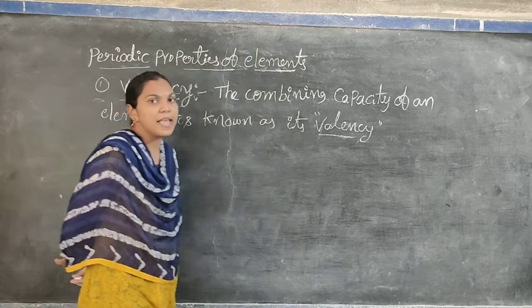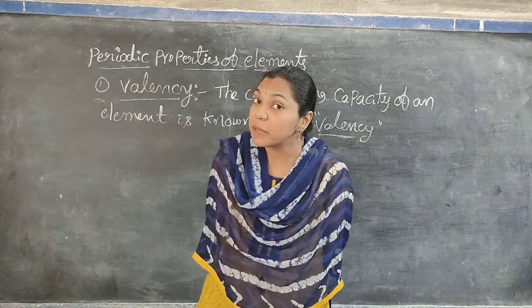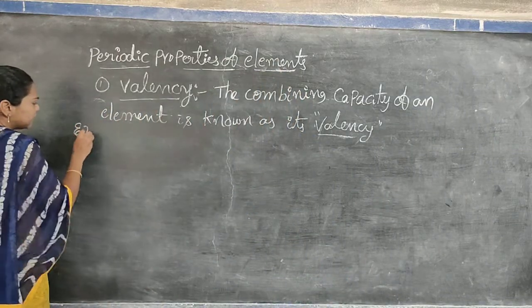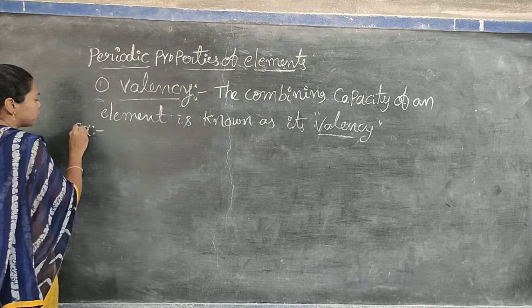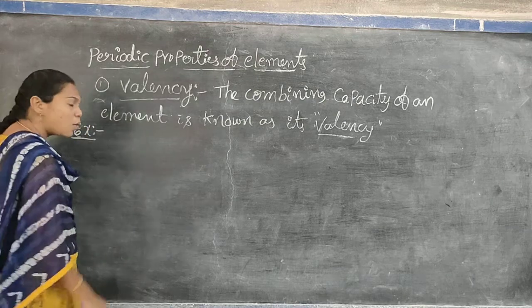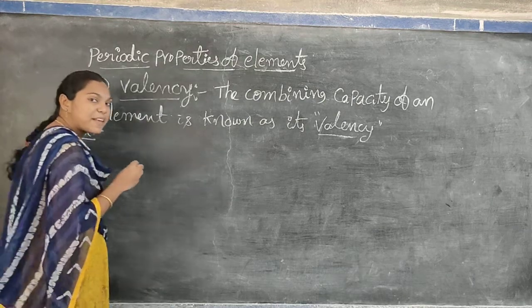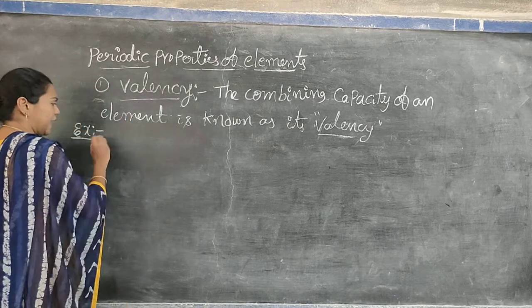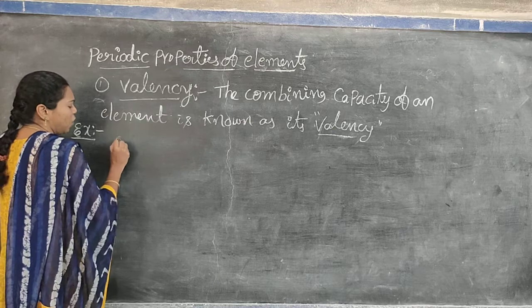And how does this valency change in the groups and the periods? I will write an example first, then we can write the changes in groups and periods. For example, I will take sodium.